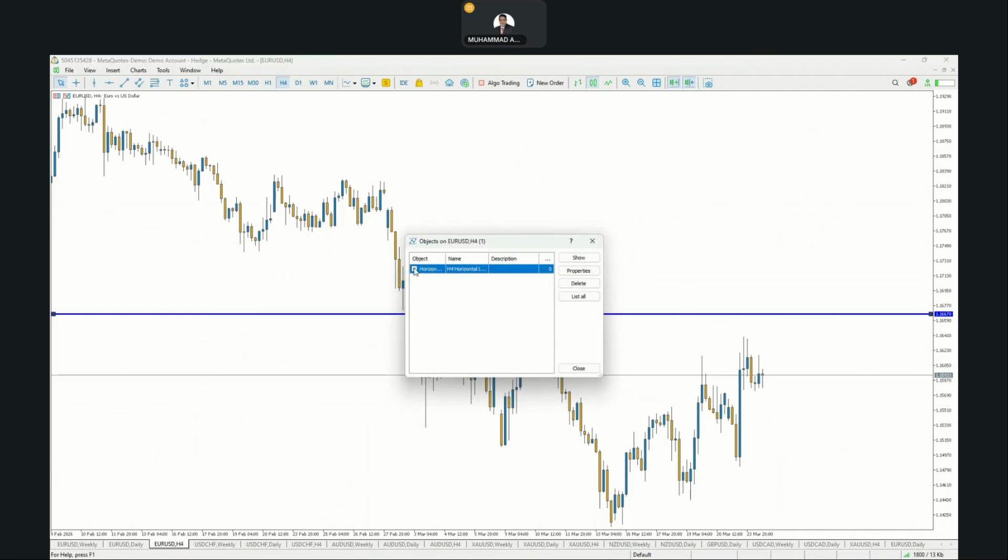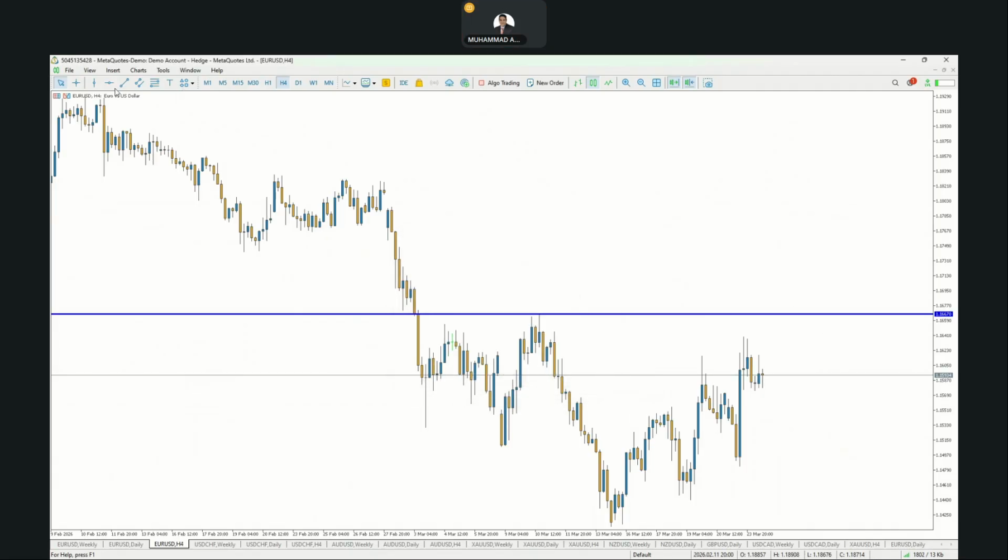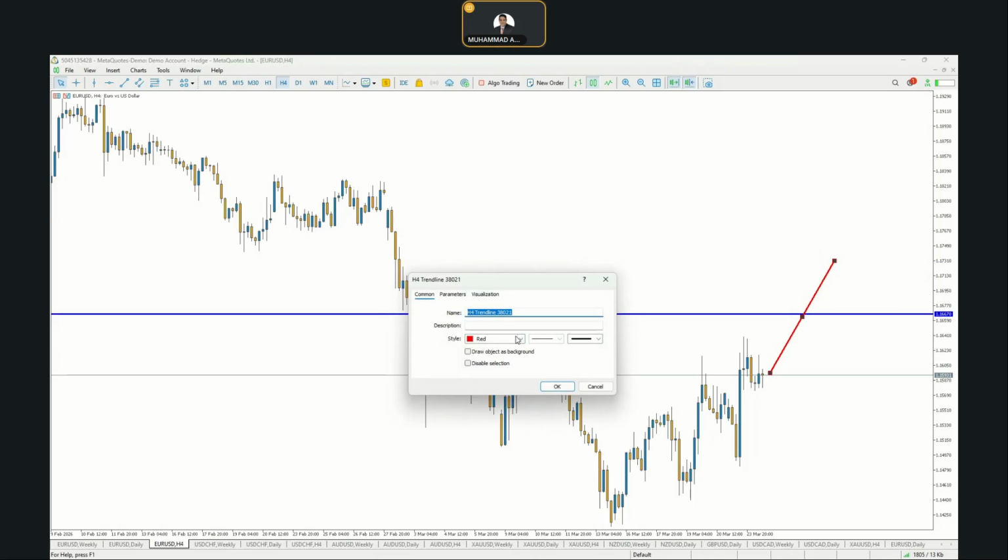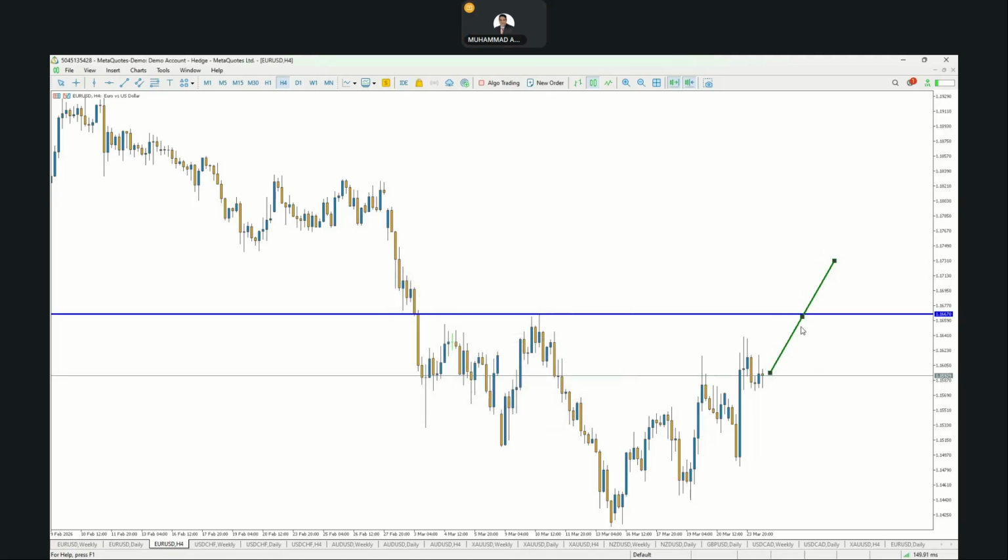So if price action really wants to go up in euro dollar, then wait for a bullish breakout first. If it happens, then the chances are high that euro dollar is going to rise up further. Otherwise, we might get further weakness in price action of euro USD.